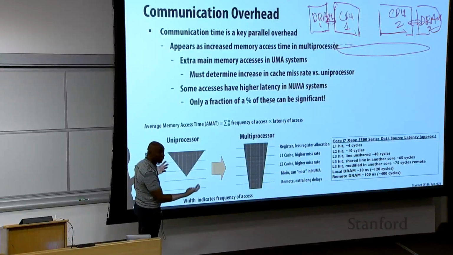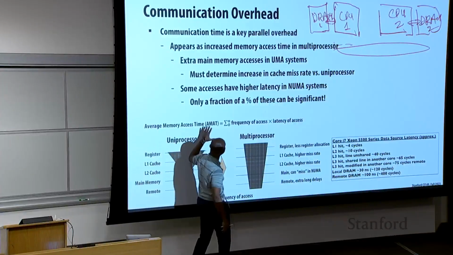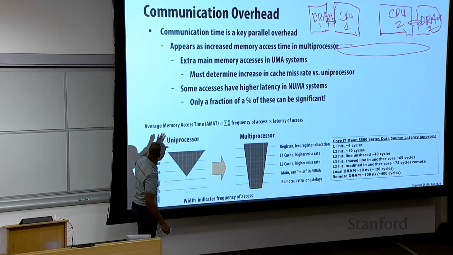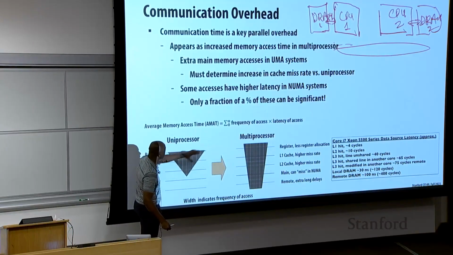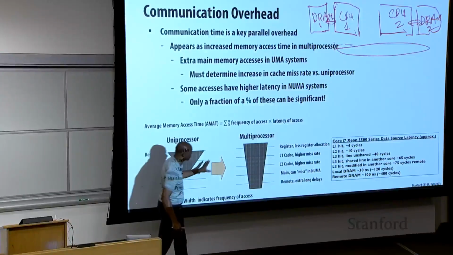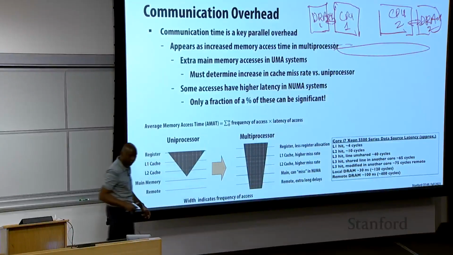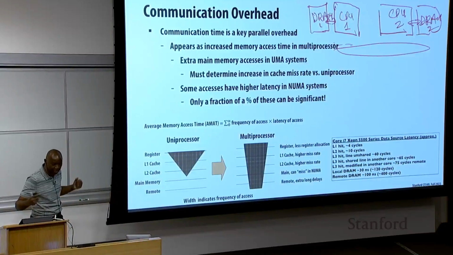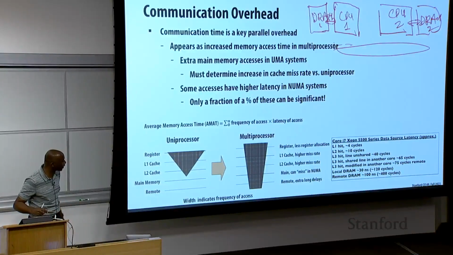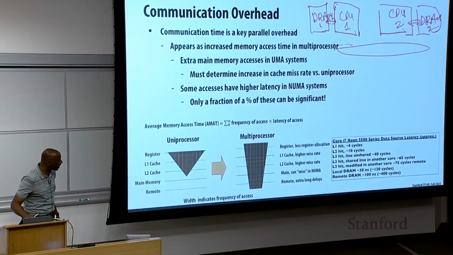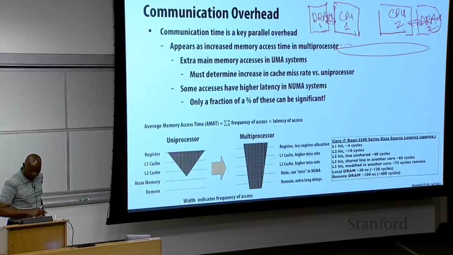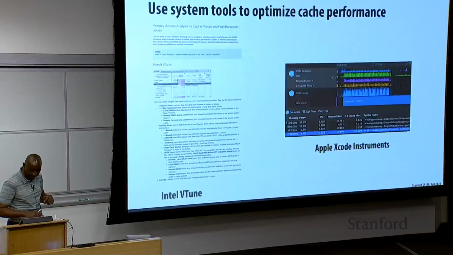So the result, of course, is your average memory access time of a multiprocessor or a parallel program is going to be larger than a sequential program, right? And so that is the impact on the performance of your application of the communication overhead, right? And you can see the latencies as shown by the Core i7 data that I've shown you here.